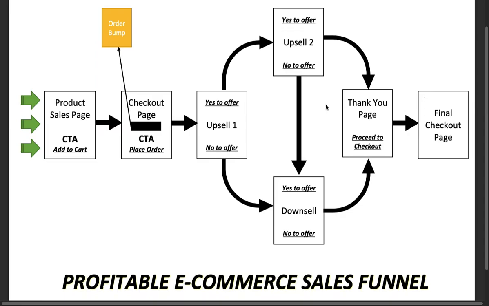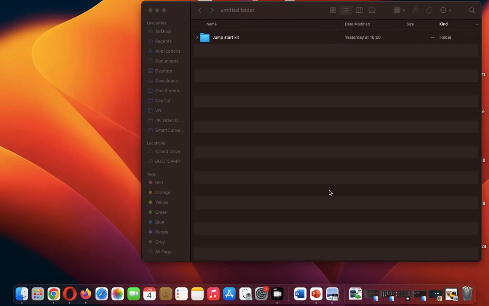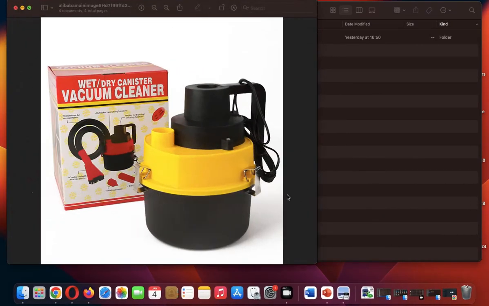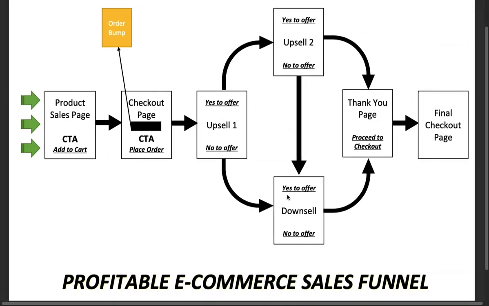So guys, I'll be showing us how to set up this particular sales funnel, the things you need to do, the step-by-step process to achieve this particular goal. So these are the products I'll be fitting into these various steps.